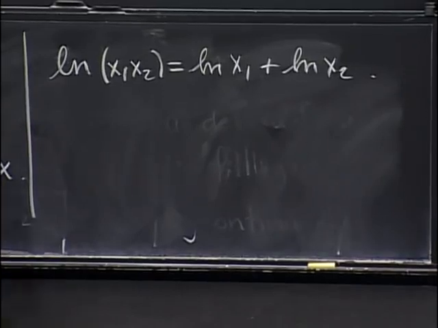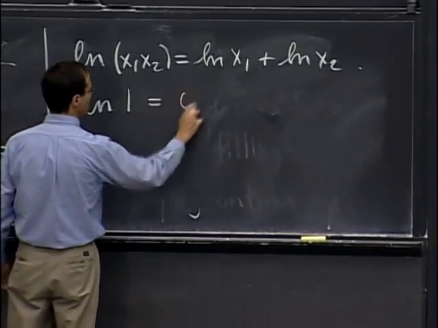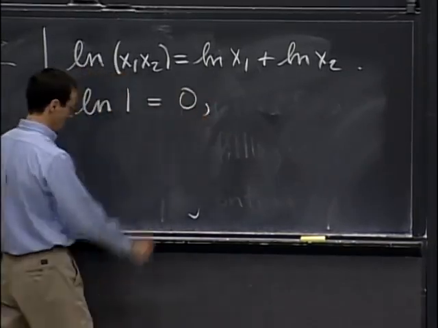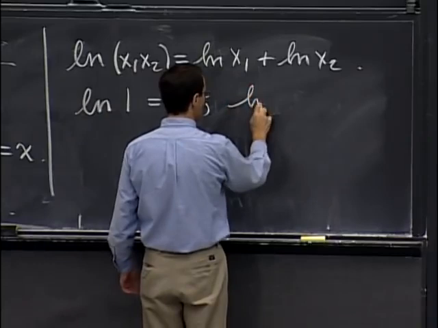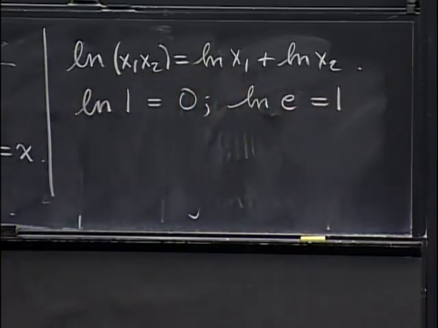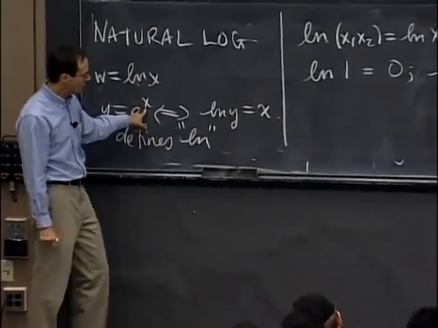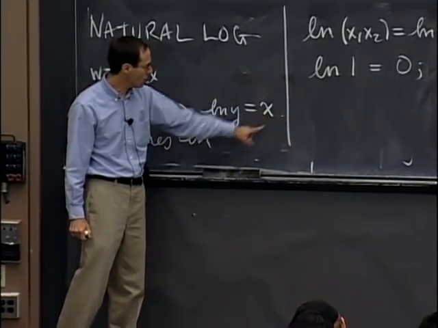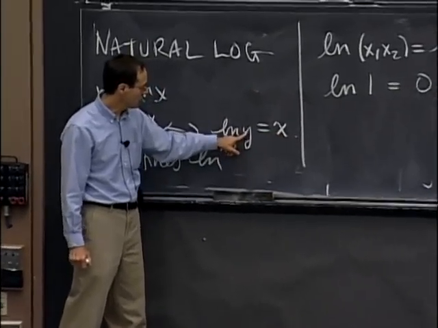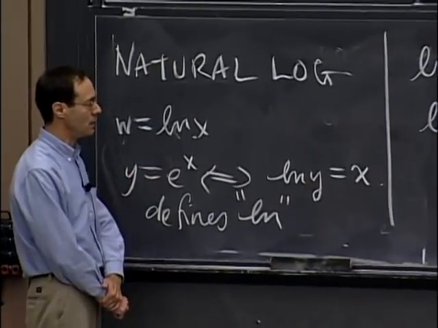And maybe a few more are worth reminding you of. One is that the logarithm of 1 is 0. A second is that the logarithm of e is 1. All right, so these correspond to the inverse relationships here. If I plug in x equals 0 and x equals 1, I get the corresponding numbers here, y equals 1 and y equals e.